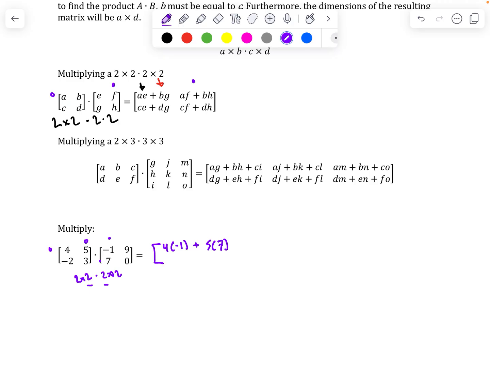We're now going to keep going. Let's go the first row by the second column. 4 times 9 plus 5 times 0.